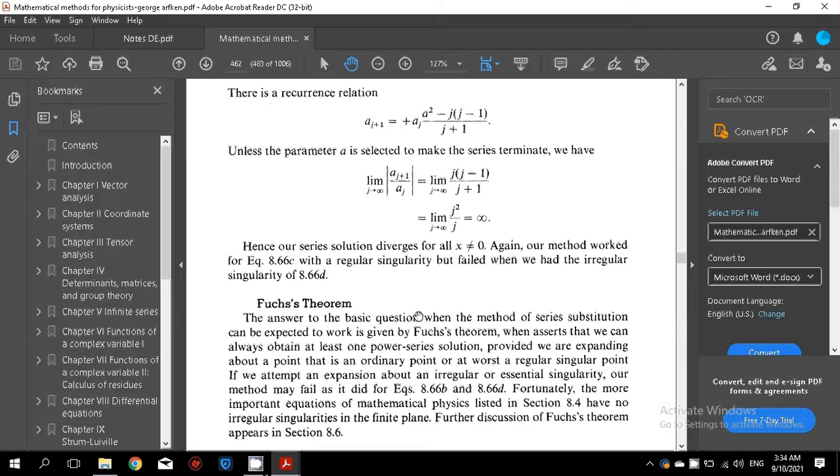So in that case we say that our singular point is a regular singular point or non-essential singularity.